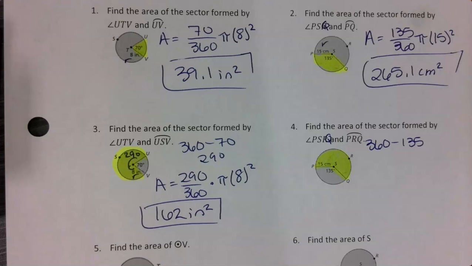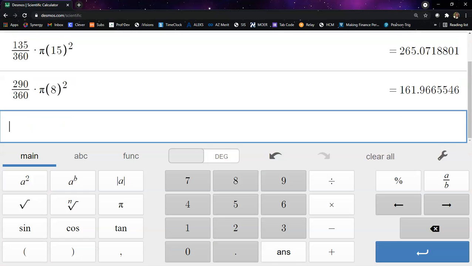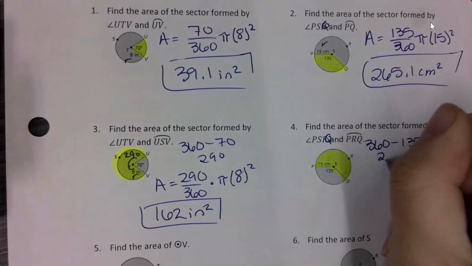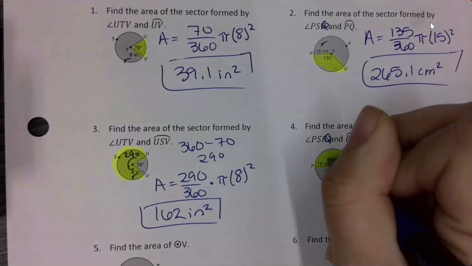So I can't do this one in my head, so I'm going to go to Desmos to do it. I have 360 minus 135, which gets me 225. So that is the measure of this arc.